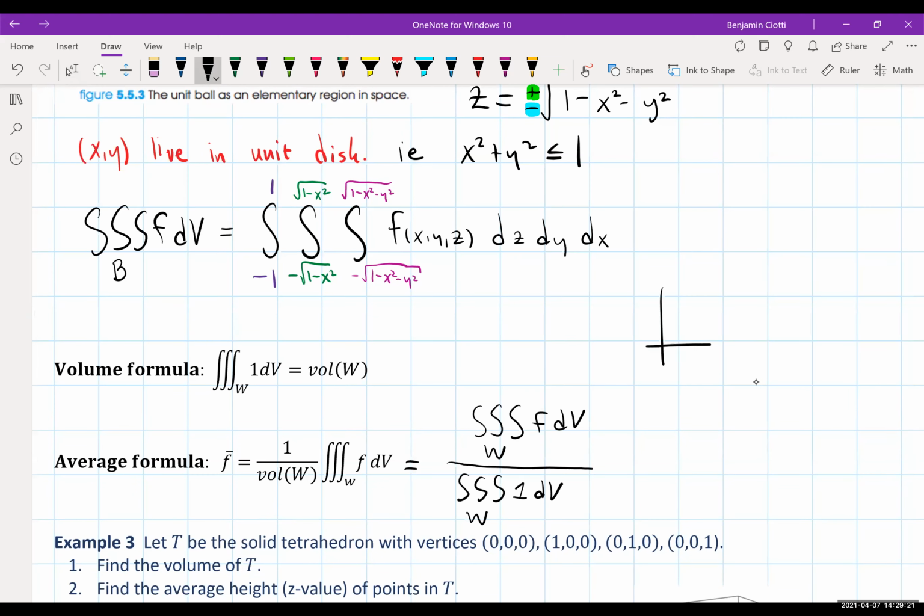Just like how, remember in 20B, the integral would give you the area, and then in this class, we learned that if you do a double integral of 1, you also get the area. So there are two ways to compute area. And now that we've gone up a dimension, we see there are two ways to compute volume as well, although with a bit of work, you'll see it's actually the same formula.